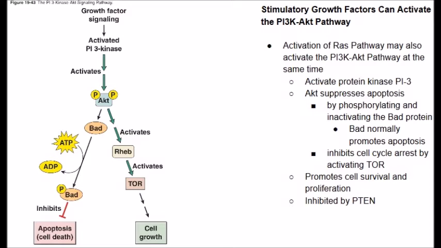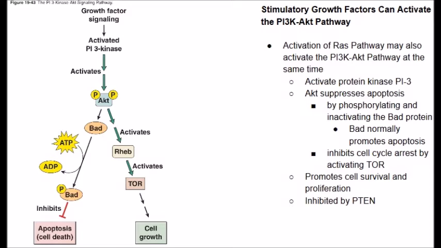So you see at the middle, after the growth factor has been attached to the PI3 kinase, it activates it, adding two yellow phosphates as you see there, and it can either go left, that leads to apoptosis, or it can go right, that leads to cell growth. So if it goes left, then that bad protein, ATP is going to give it a phosphate.